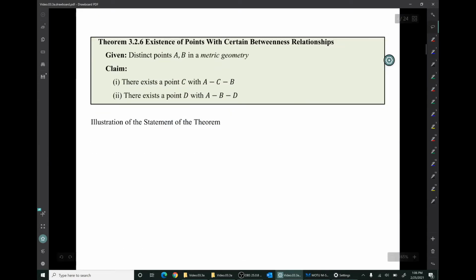In a previous video, we discussed this theorem about the existence of points with certain betweenness relationships. Given distinct points A and B in a metric geometry, there exists a point C that satisfies this requirement, and there exists a point D that satisfies this requirement. We discussed an illustration of that statement.